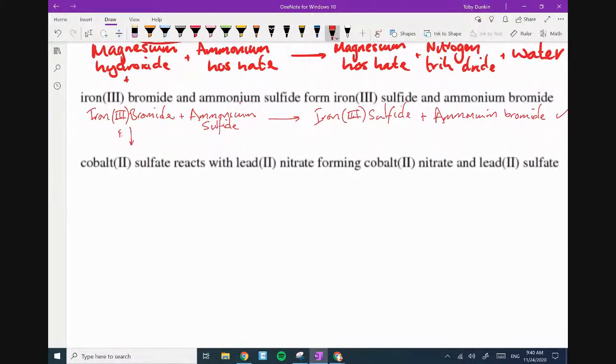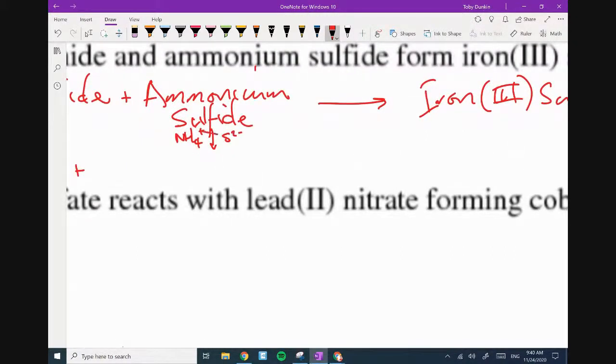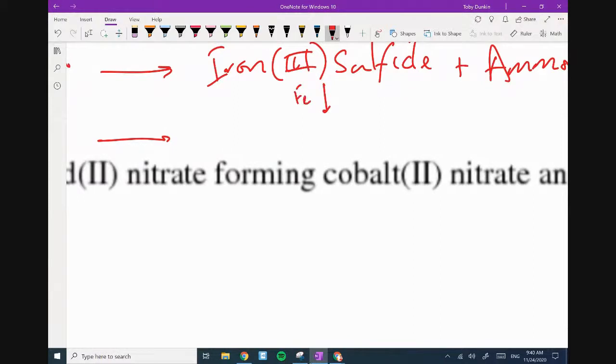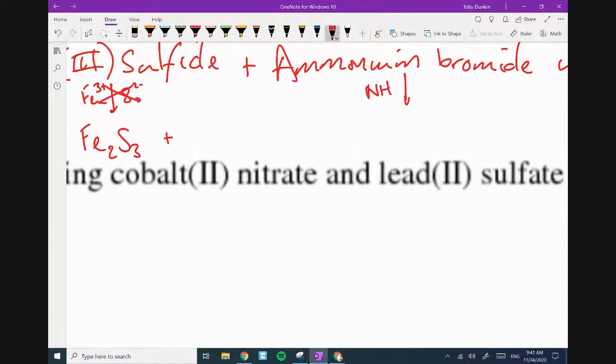Okay, so Fe3 plus Br1 minus, FeBr3 plus, right, ammonium sulfide, NH4 plus and S2 minus, cross and down, brackets NH4 brackets 2S going to iron 3 sulfide, S2 minus, cross and down, Fe2S3 plus ammonium bromide, ammonium and bromide, cross and down.